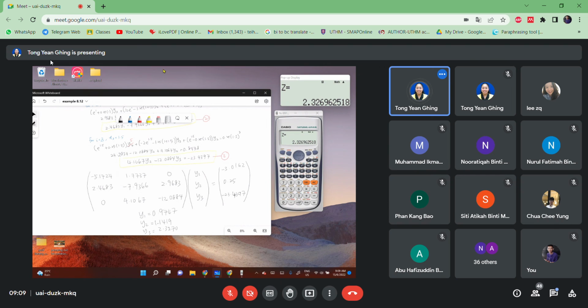Tu dapat tak? So kalau buku dia buat macam system of linear equation, using iteration method. Kalau in your exercise in the book. So but then you have to look at it, okay.